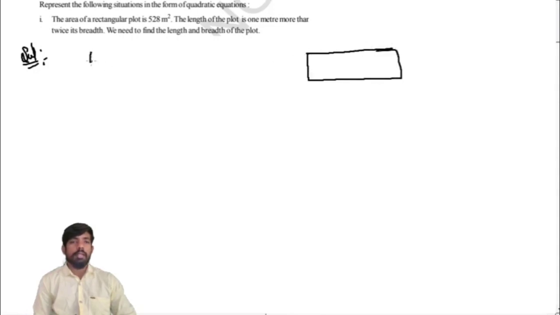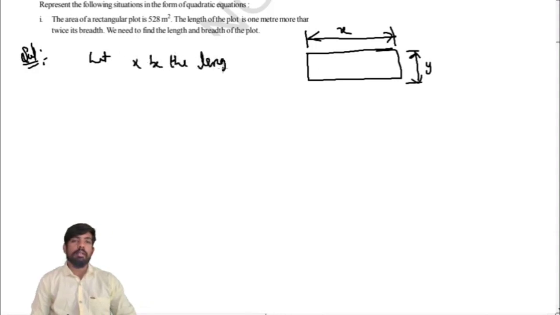Let x be the length and y be the width or breadth.